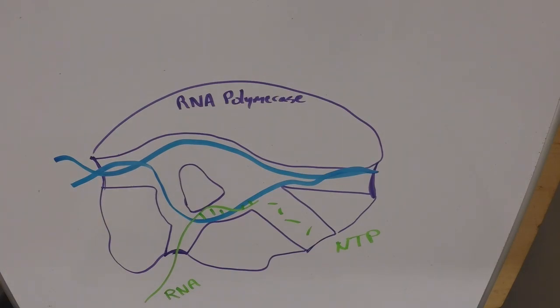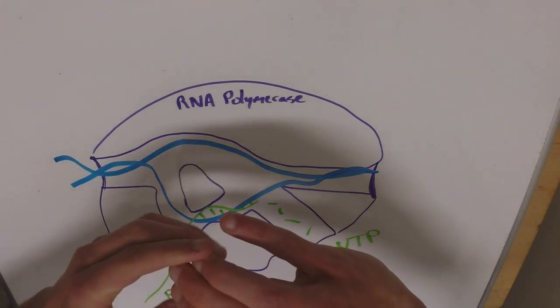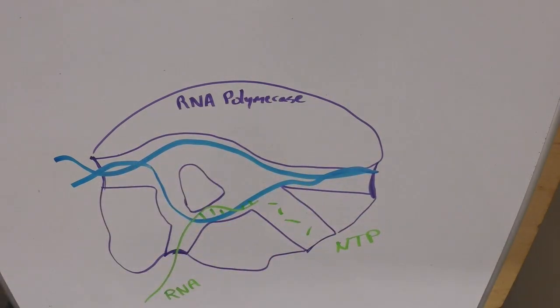And so because of the transcription bubble, the DNA will need to get rotated to open up. So it's kind of like if you have something like this, it's going to need to open up and unrotate it, if that makes sense.